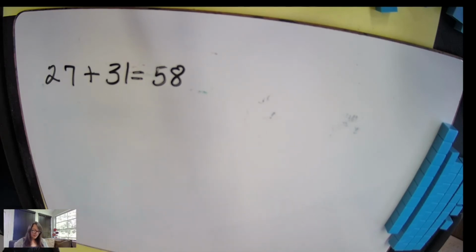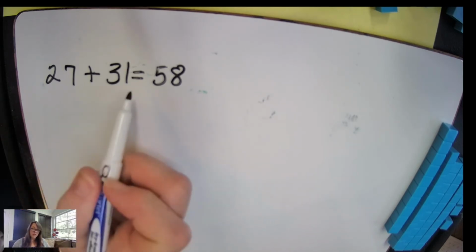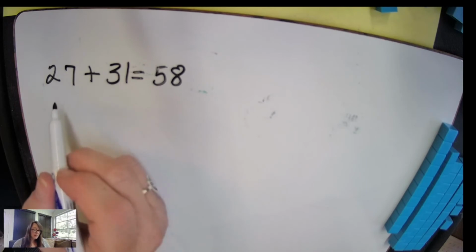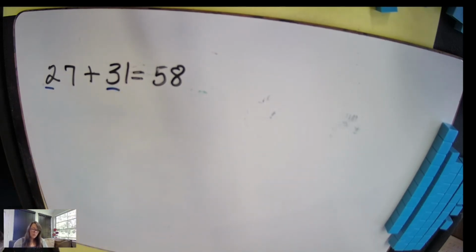Very good. So Sarah said that she broke the numbers 27 and 31 into their tens place and ones place.